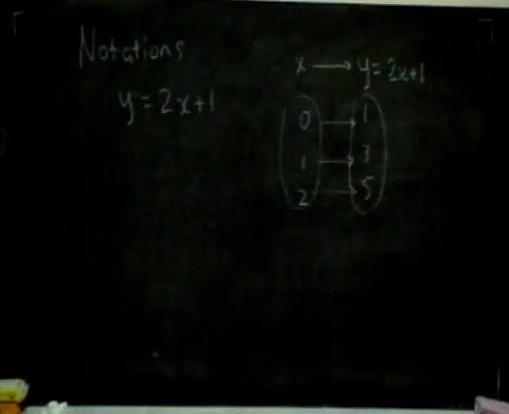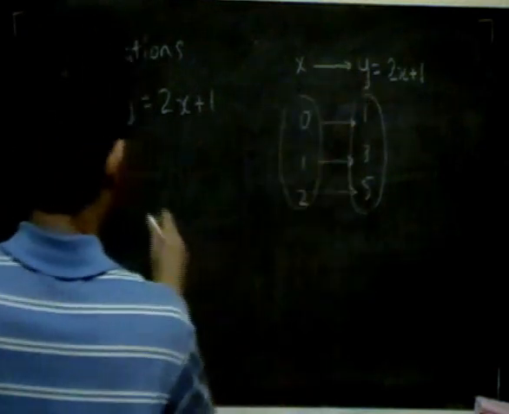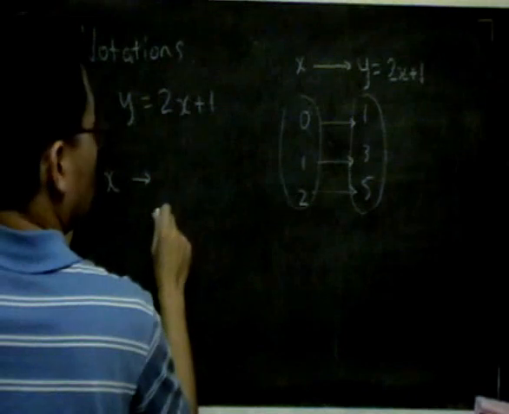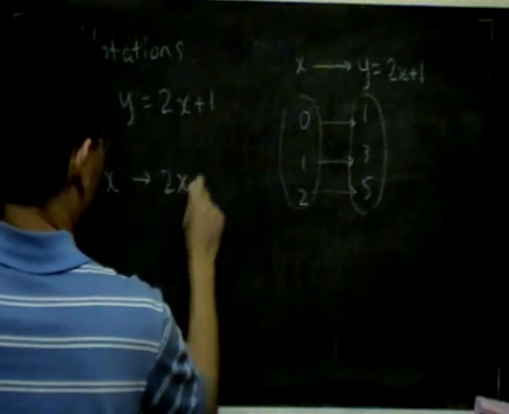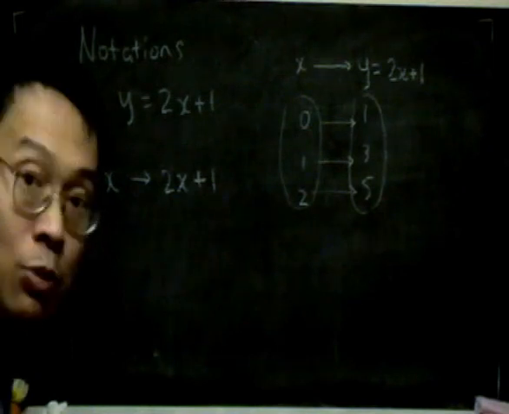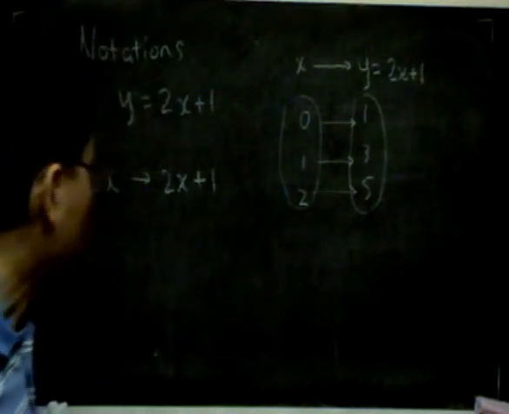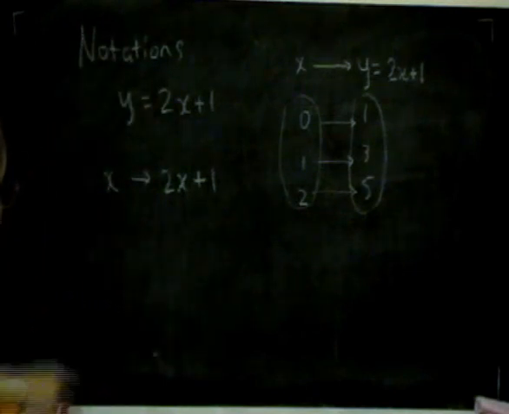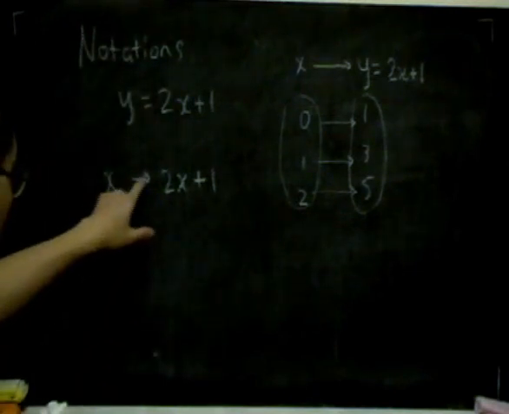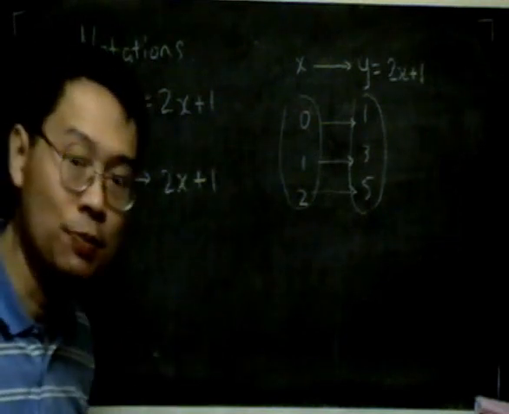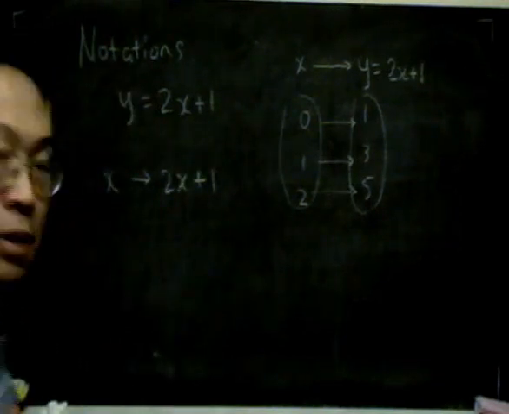Okay, and quite often we would leave out the y and just write x arrow 2x plus 1. And you will see this fairly often in exam questions at high school or O level. So if you see this arrow, x arrow followed by an equation, that is a function.